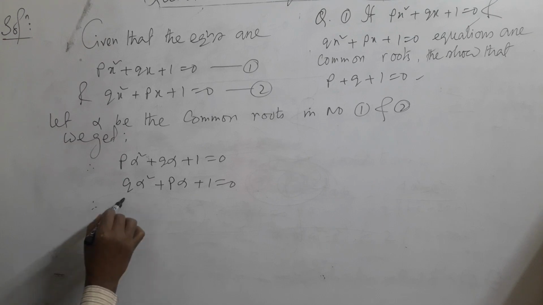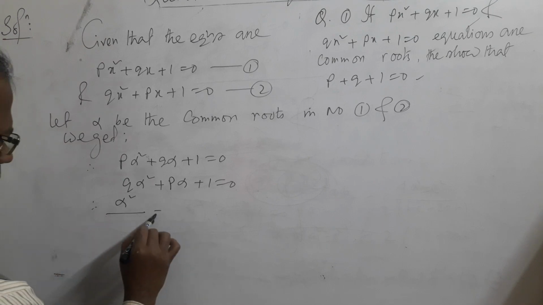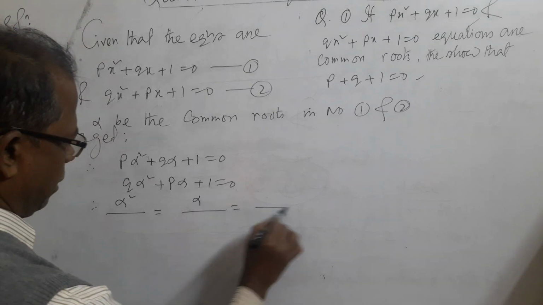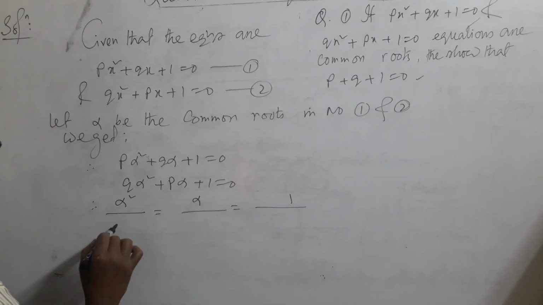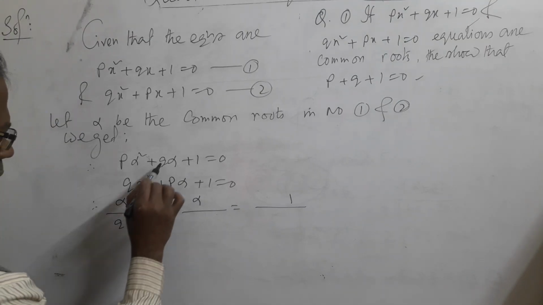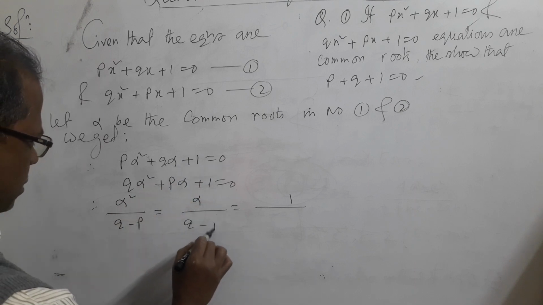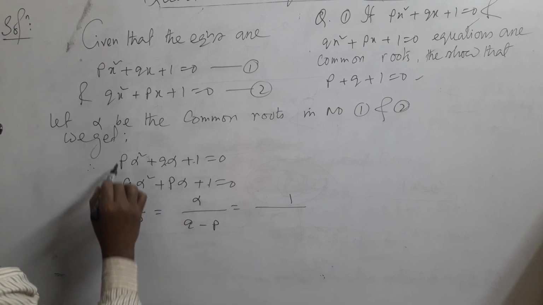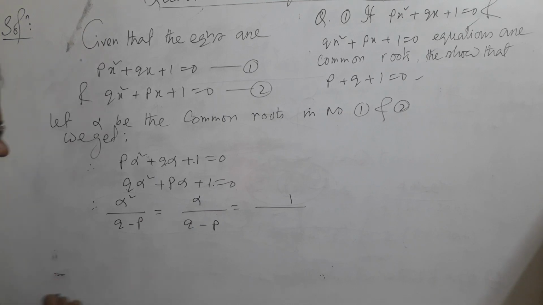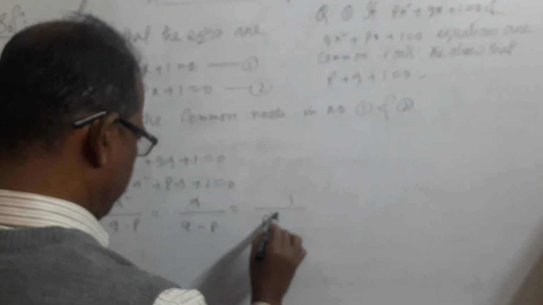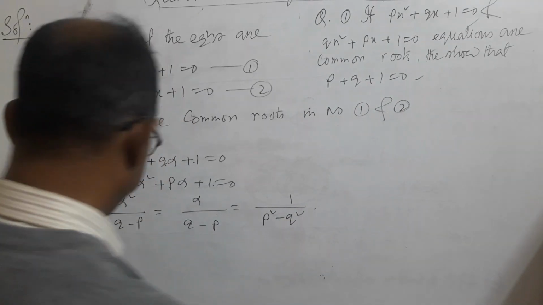That's why alpha square divided by, alpha divided by, 1 divided by q minus p, and q minus p, and p square minus q square.